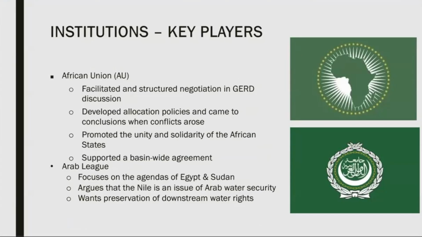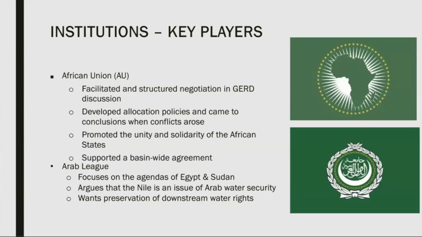The African Union has also developed allocation policies and came to conclusions when conflicts arose between the neighboring countries and everyone in between. They also promoted unity and solidarity for African states, representing the continent as a whole and wanting everyone to get along and share the water equally. And they do support a basin-wide agreement.